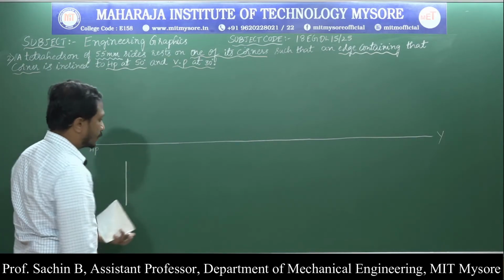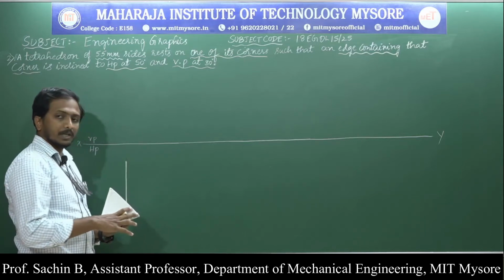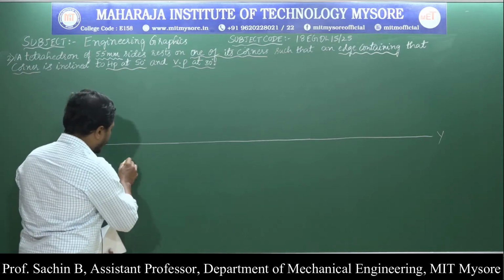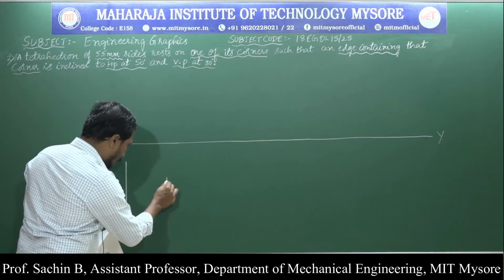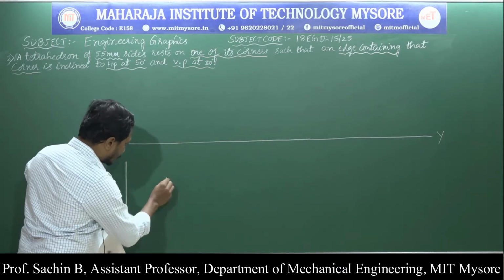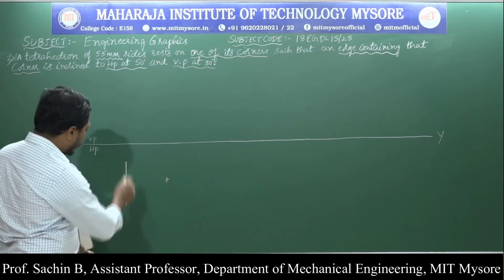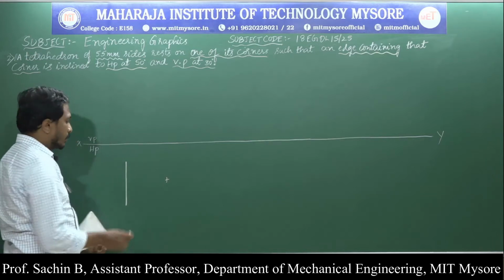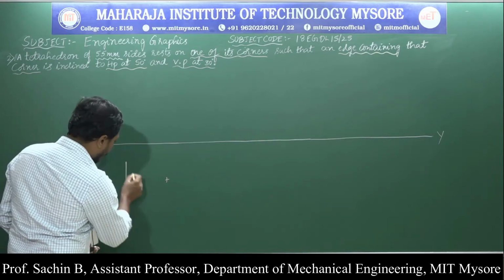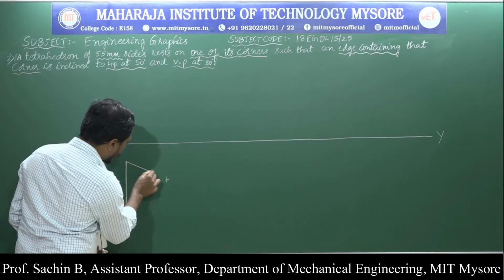Next, with the help of the compass, I measure the 55 mm length. From this corner, I cut an arc. Again, from this corner, I intersect this arc. I have marked the 55 mm length edge. Next I will join the points.